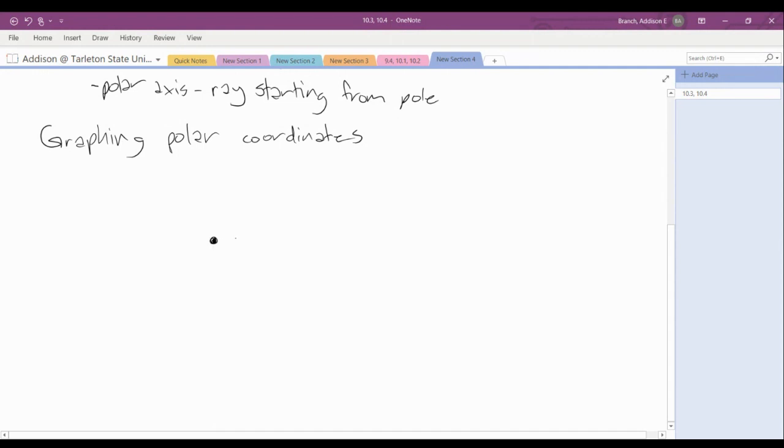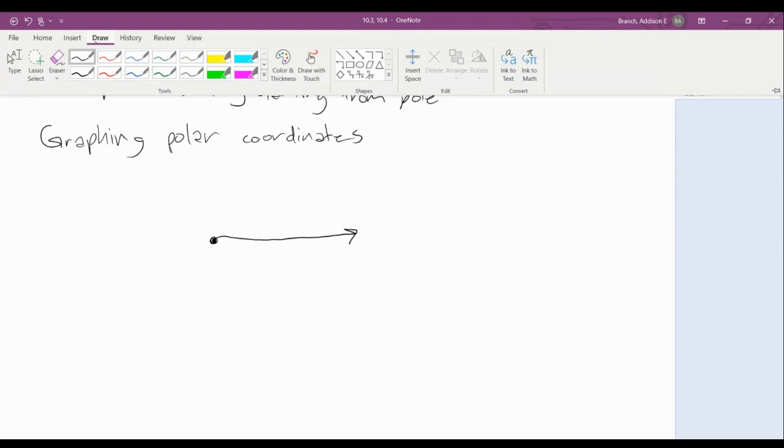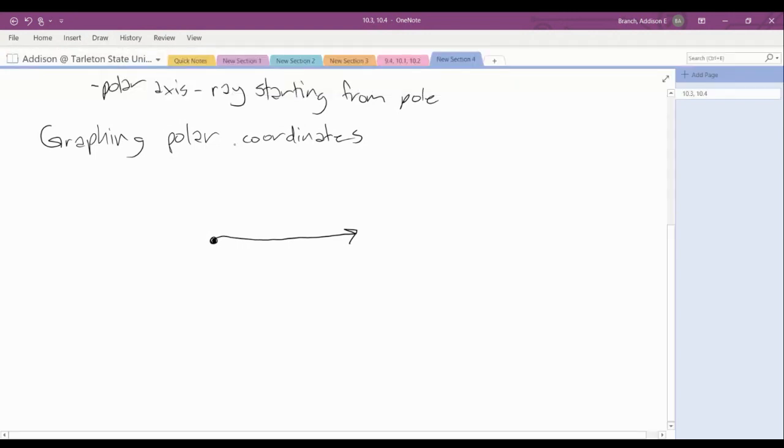We have our origin right there, and then we can say this is our point, our theta right here.